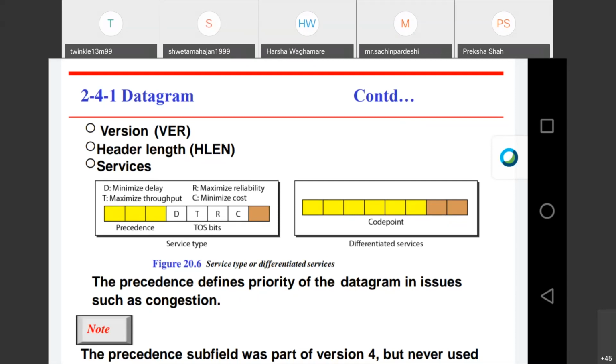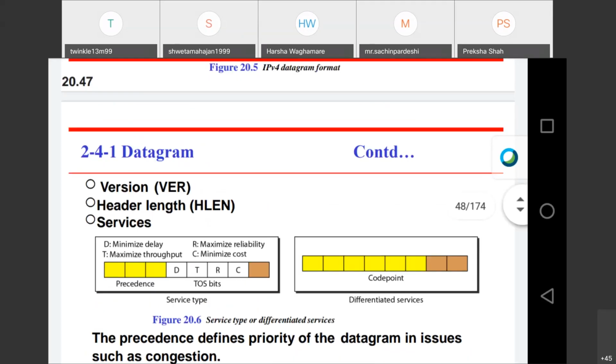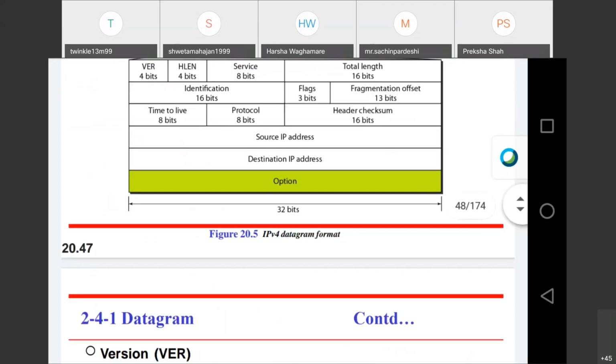So in such type of datagram, the reliability is more important. Min cost: minimize the cost. This type of service is required whenever you are reading an e-newspaper. In an e-newspaper, you are not always looking for the latest news.